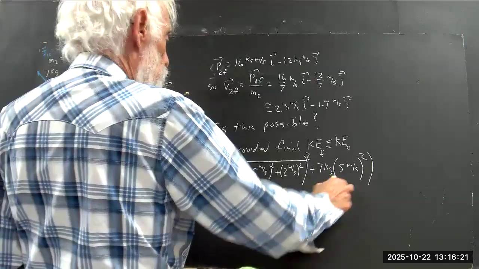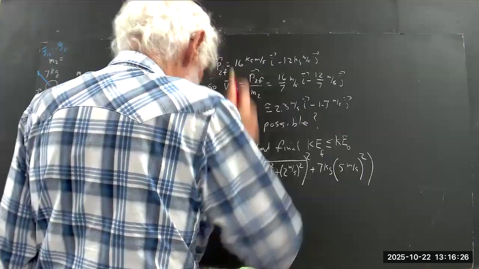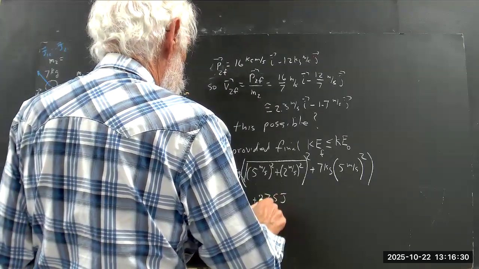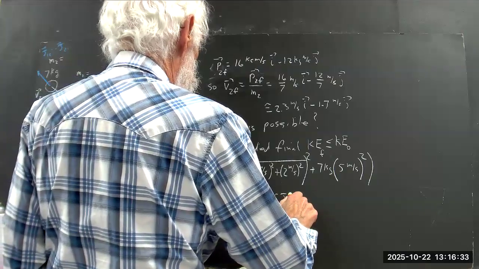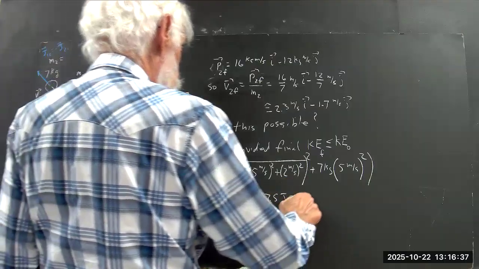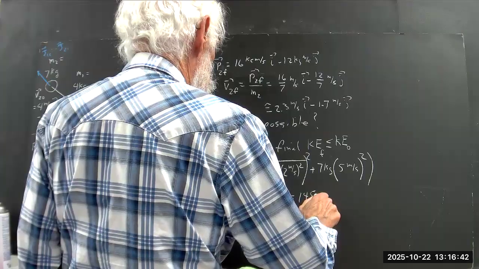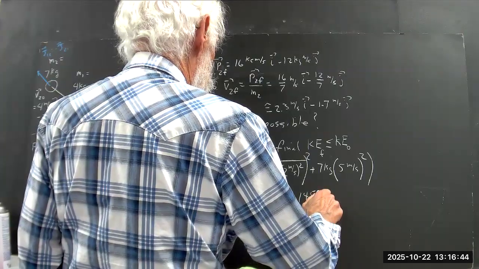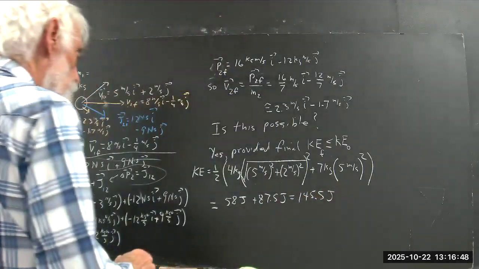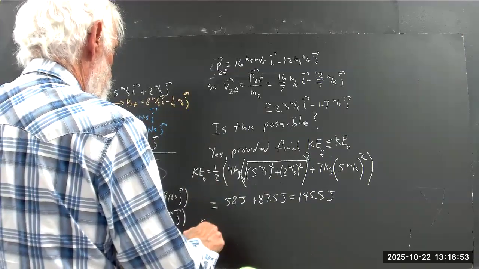And the 1/2 applies throughout here. That's going to be 25, and that's going to be 3.5. It's going to give you 87.5. If I'm doing my arithmetic correctly, that's going to be 145. So that's your initial kinetic energy.